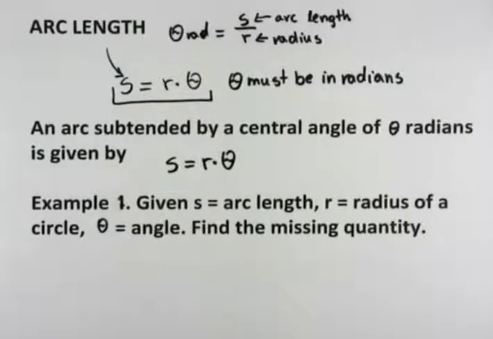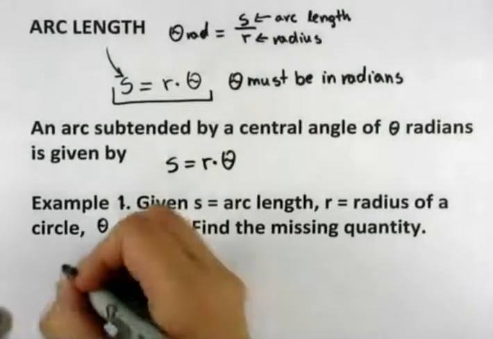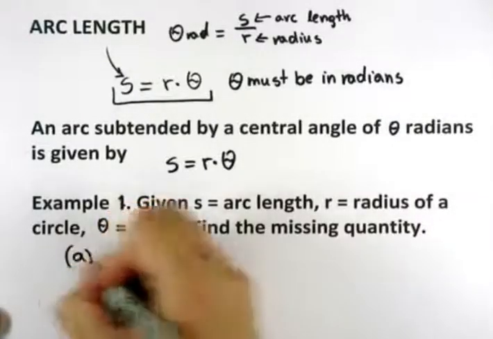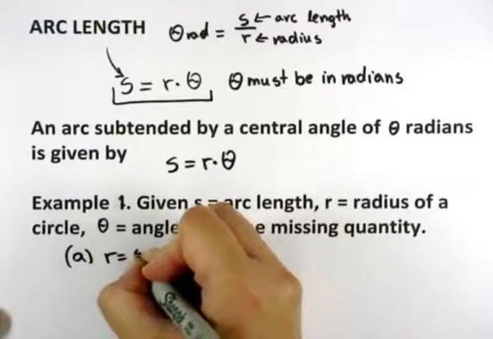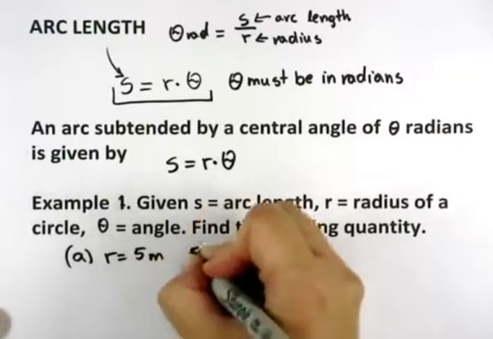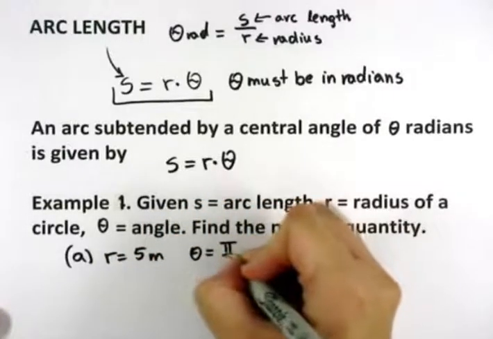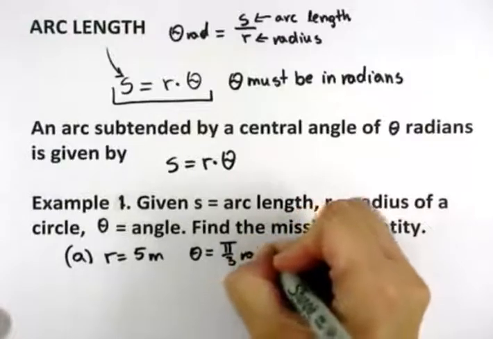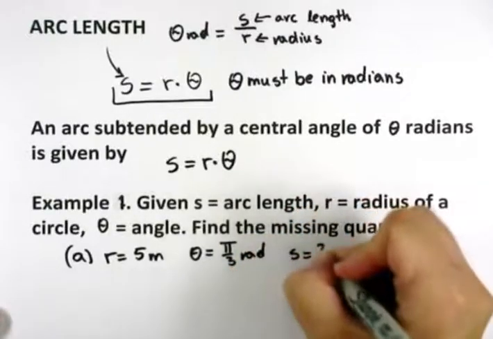And now we have example 1. Given that S is the arc length, r is the radius of a circle, and theta is the angle, find the missing quantity. In A, r is 5 meters, theta is pi over 3 radians, and we are looking for the arc length.